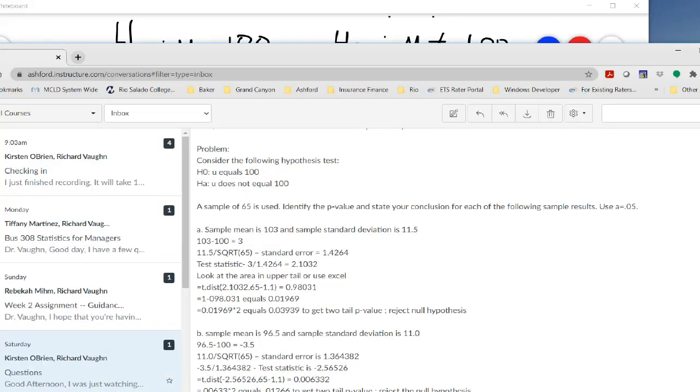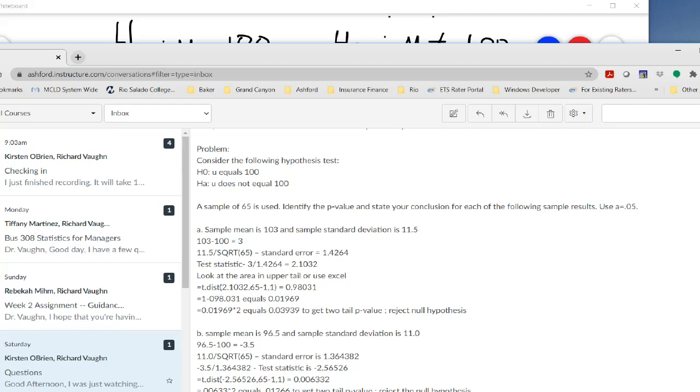And I think that matches, up to a decimal or something, what you have over here. The reason why they did the 1 minus in this case is because we had a positive t value, and this T.DIST Excel command is giving us the left area. Because we had a positive t value, we wanted the right area, because those are the ones that are more extreme.